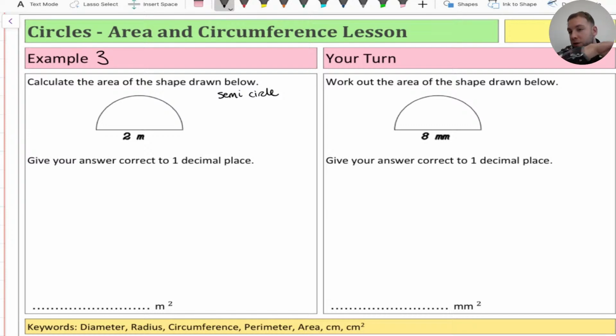So if we know that we're cutting a circle in half, we're halving what that area is. Now the important part is to know that this 2 represents the diameter. So my diameter is equal to 2 meters, in which case my radius is equal to 1 meter.